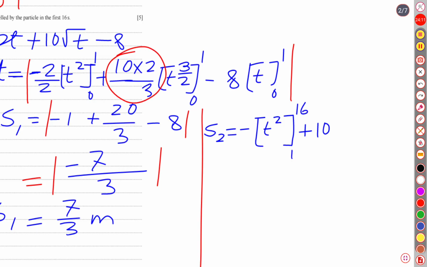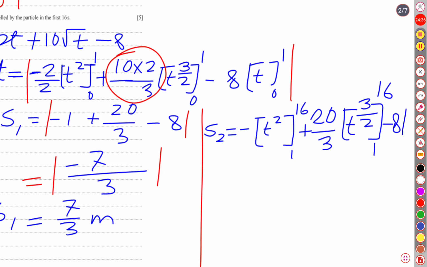So we will write here 20 over 3 t raised to 3 over 2, and the time span is how much? 1 until 16 second, minus 8t.